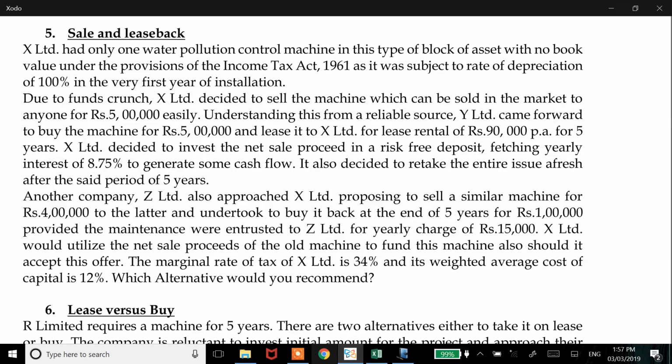Working note 1, evaluation of sale and lease back.